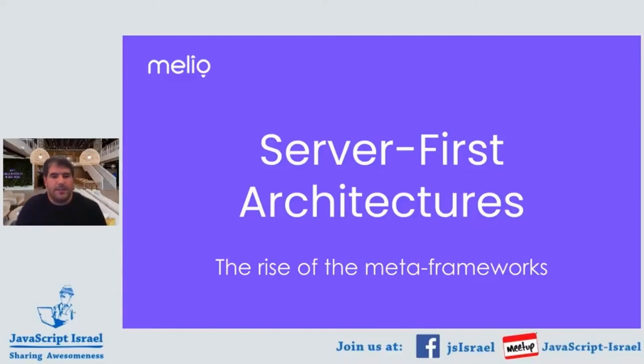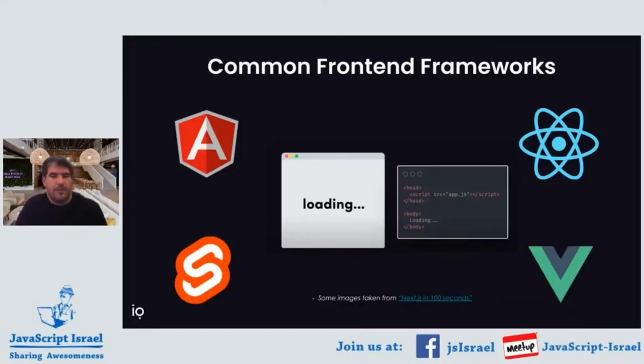So let's start. Server-first architectures, the rise of the meta frameworks. Nowadays, the common front-end frameworks mostly revolve around the client-side rendering concept, which basically means that at the moment we start receiving our content, we see a loading page or some sort of loading animation, and we wait several milliseconds at best, or even a few seconds, until we can interact with the page.